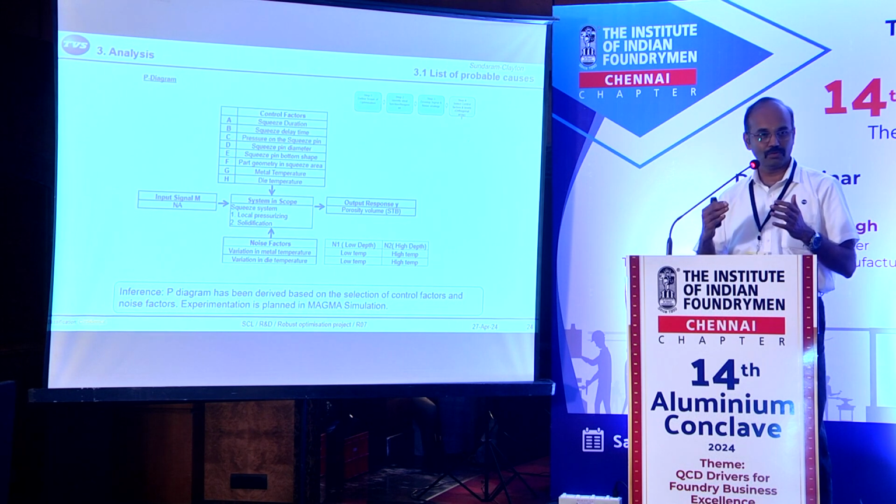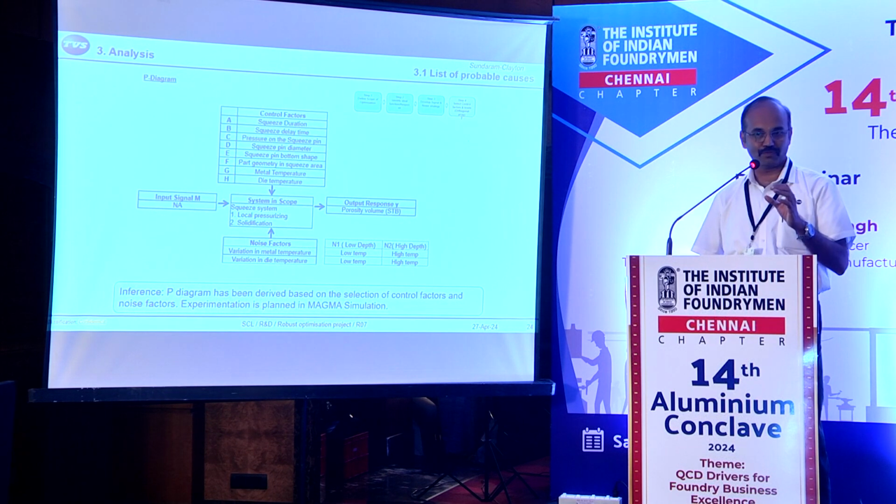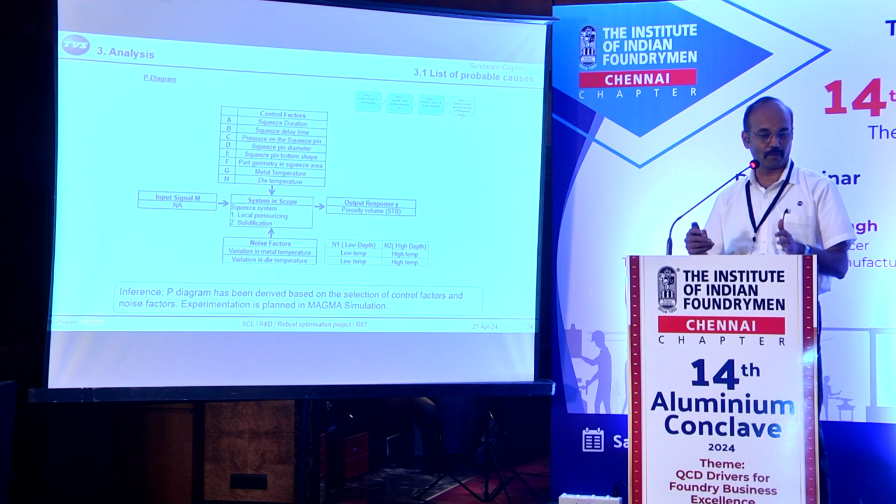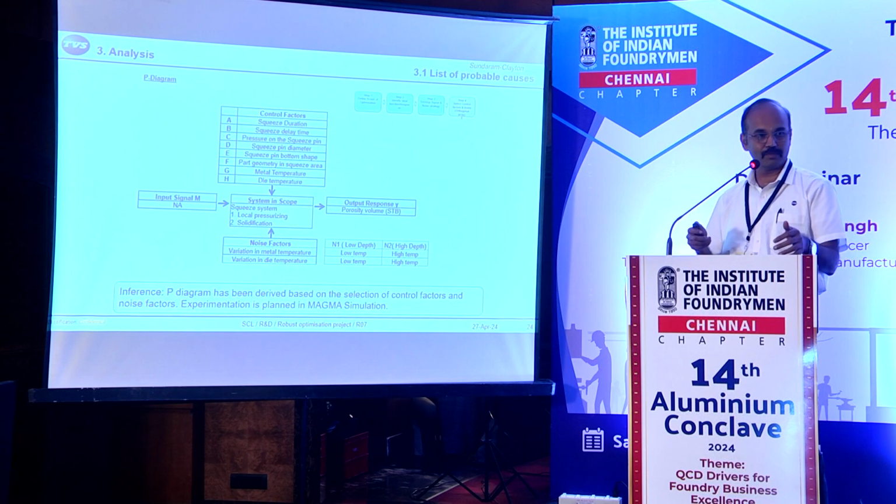So our aim is to make the process robust, so that even if some noise factors are present in the environment, the process is capable enough to produce good quality product even with these noise factors in the factory environment. The main aim is to make the process more robust against these noise factors.